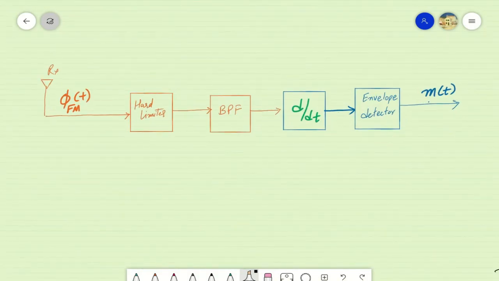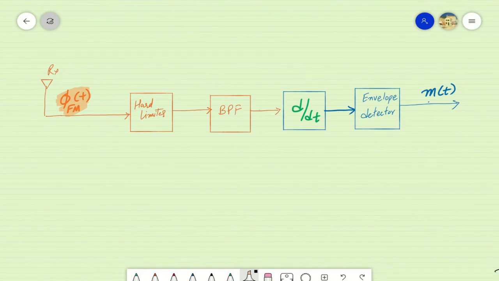So at the receiver, if a frequency modulated signal is received, due to any noise introduced by the transmitter or receiver hardware or any distortions imposed by the wireless propagation channel, we may experience a time varying amplitude of this frequency modulated signal.